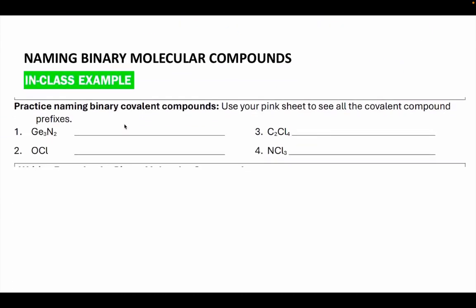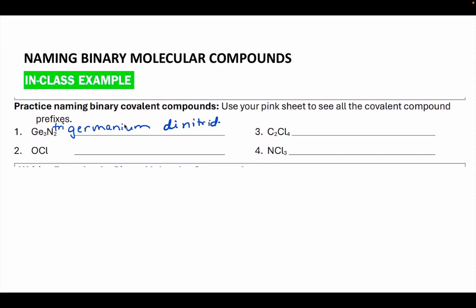Here are some examples that are on your guided worksheet. If you want to try these, pause it and then check how you did. The first one is going to be trigermanium dinitride, because there's three of them.